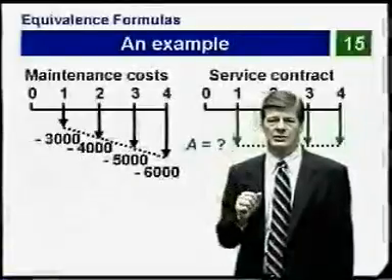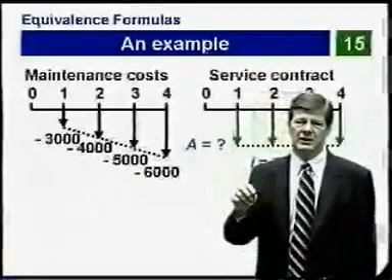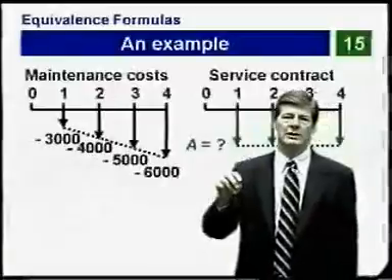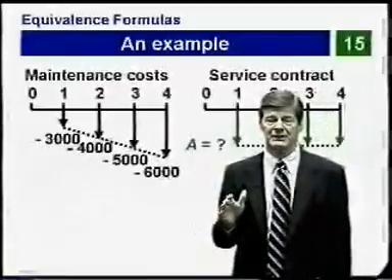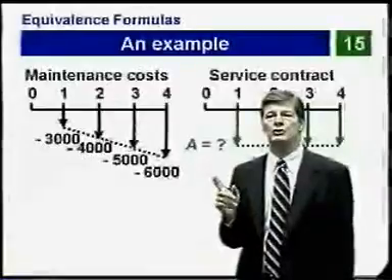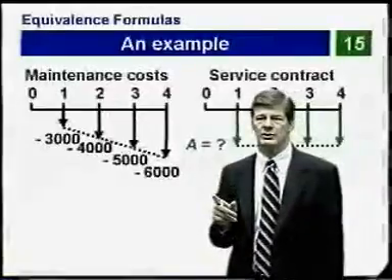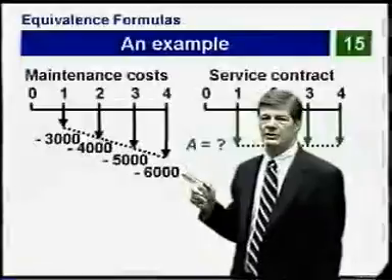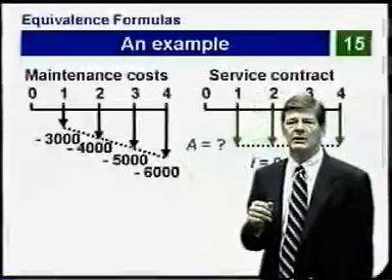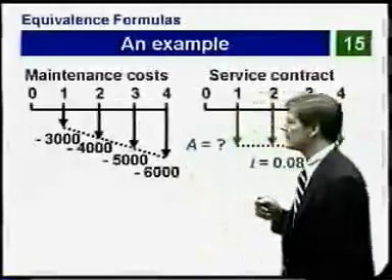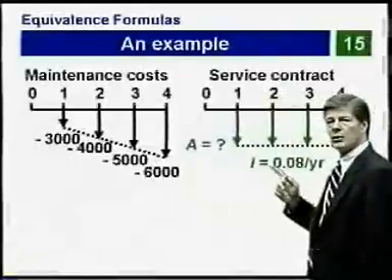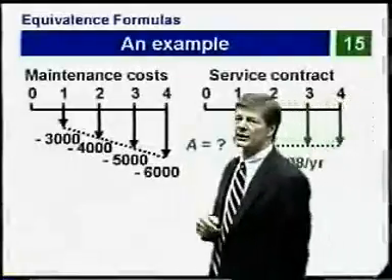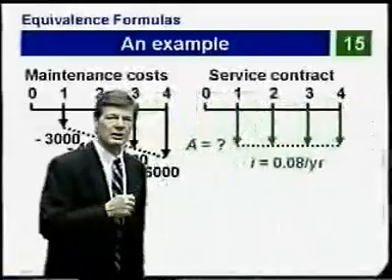And through the purchase of this service contract, we will pay them a fixed amount each period for the next 4 periods to be negotiated. And they will assume any and all maintenance costs that might happen to this particular piece of equipment. What we would like to know is, if I can invest funds at 8% per year, what is the maximum I should be willing to pay for this service contract?